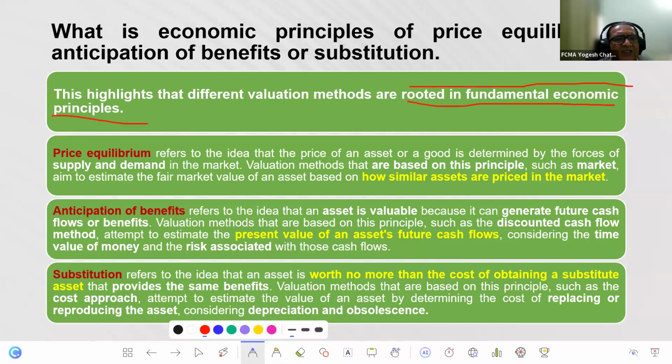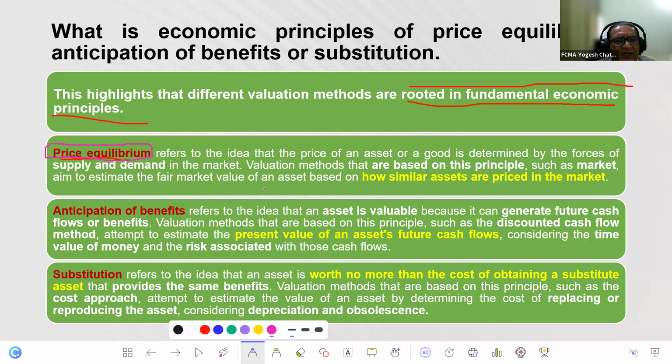Nothing new for us, because these three approaches are based on fundamental economic principles. The market approach is based on the fundamental economic principle of price equilibrium, the theory of price equilibrium. You must have heard about it multiple times during your professional journey.